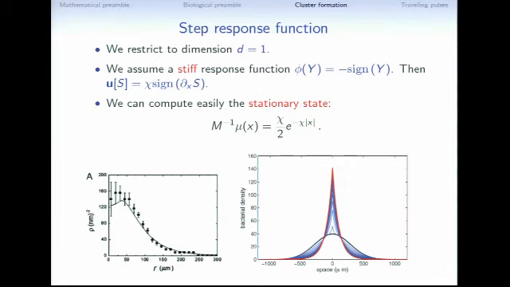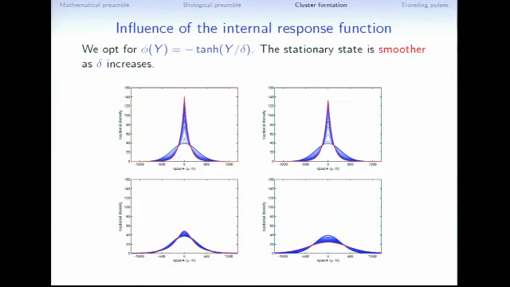The size of this exponential is the same as this one if you put numerics in there. Then you can try to see what is the influence of this stiffness, for which you cannot compute explicitly the equilibrium. And here you see that if delta is increasing, then the profile gets smoother, which is expected. You always obtain a stationary profile, which seems to be always stable, and which is smoother and smoother as this stiffness is decreasing, when delta is increasing.